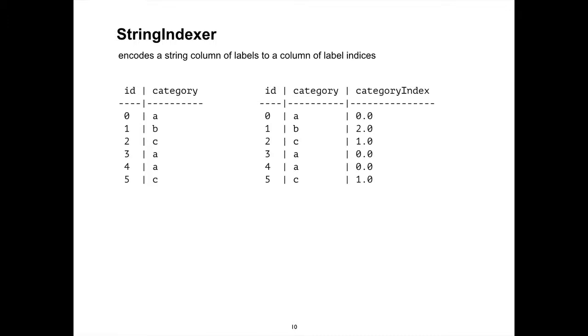The string indexer takes a bunch of strings and maps them to numbers. Which becomes useful because, for example, if you want to do logistic classification, your features have to be numerical.